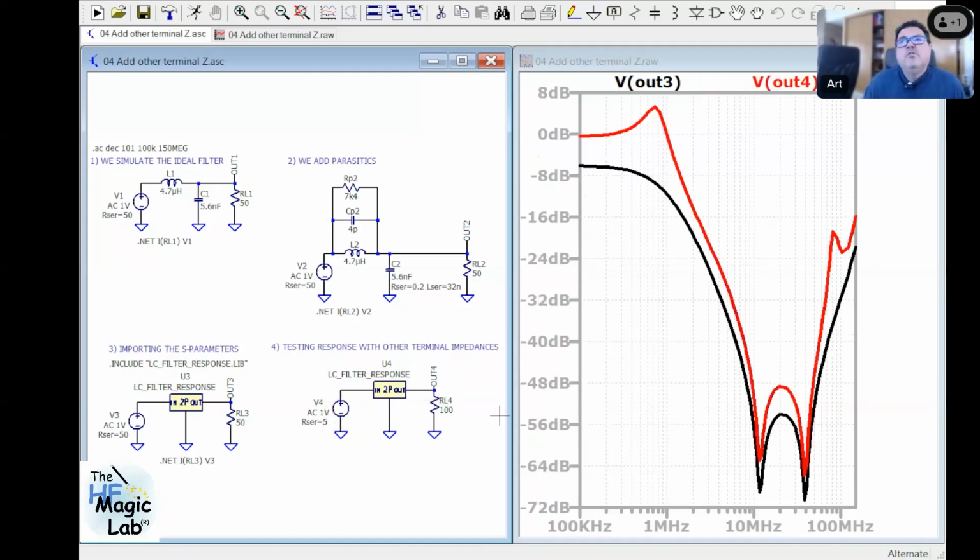You can see that the filter that was working correctly in a 50 ohm system, like theory predicts, can present some kind of ringing or underdamped response that can be dangerous for stability or for transient behavior.